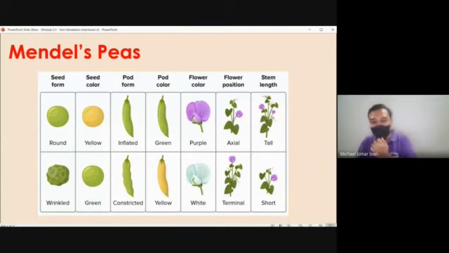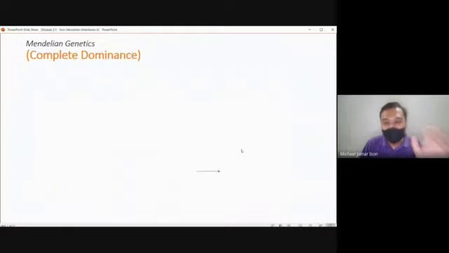Probably you already know what I'm trying to point at: they are always in pairs. You will have a dominant and a recessive character, so you only have two forms or two alternatives for those particular traits. And that's a very, very important characteristic of Mendelian inheritance.